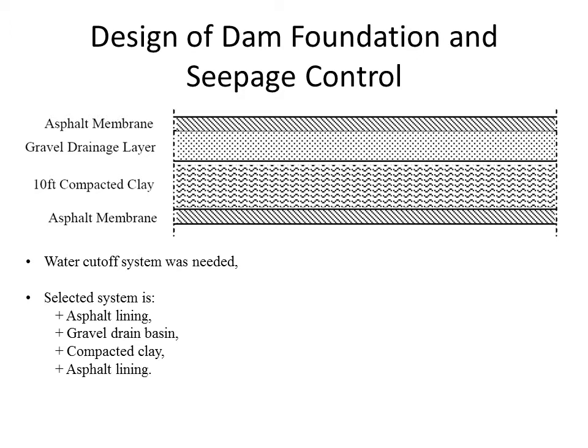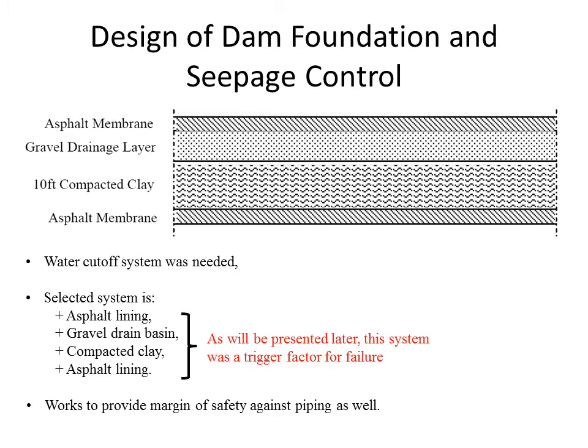The bottom asphalt lining was used to control water flow through the gravel basin rather than percolating into rock faults. The system was used to provide what was considered a margin of safety against piping as well. As will be seen later, the system was a trigger factor for the failure of Baldwin Hills Reservoir and Dam.